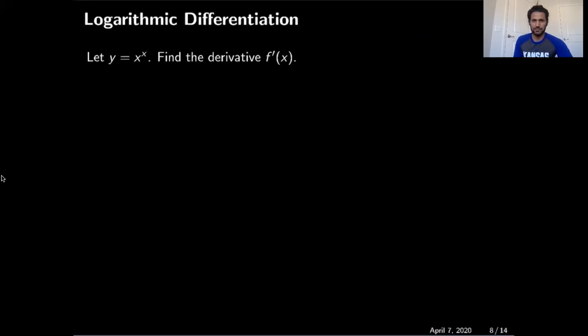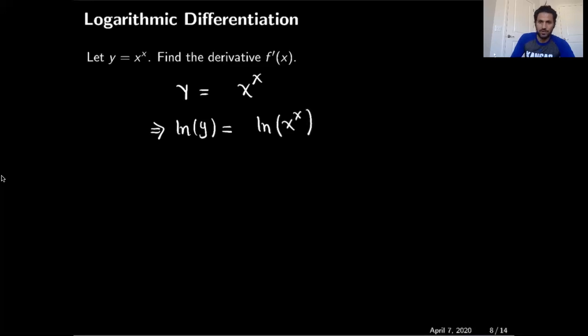We will begin by writing down our function. So our function is y is equal to x to the power x. The first thing we will do is take the natural log function on both sides.